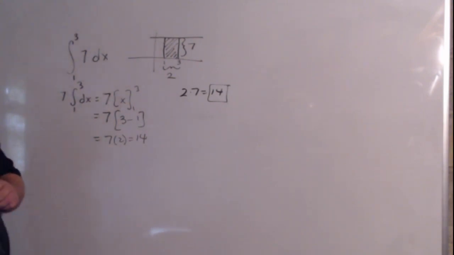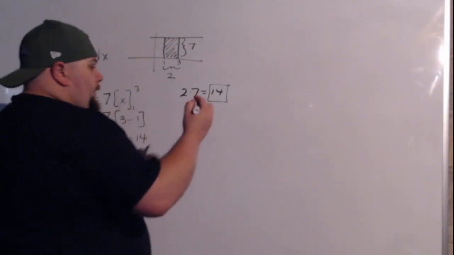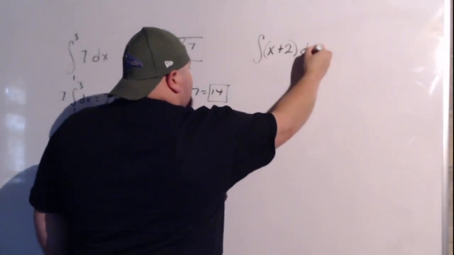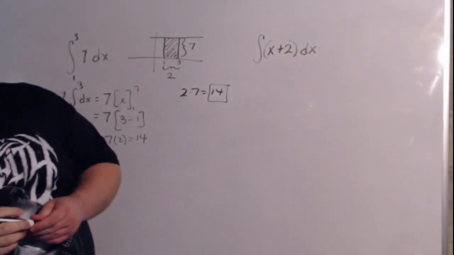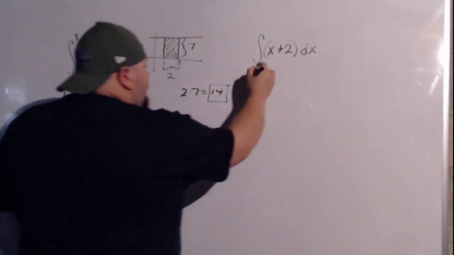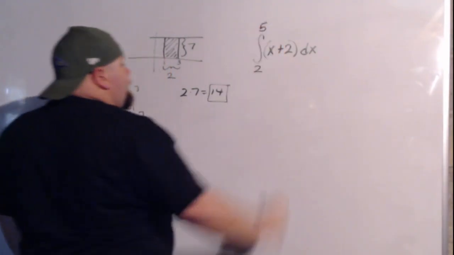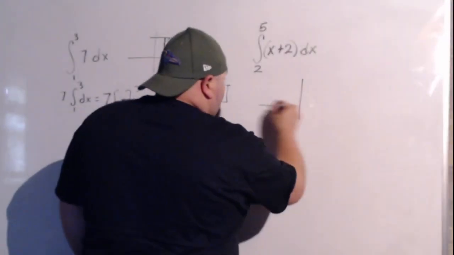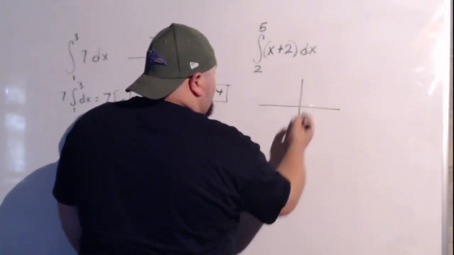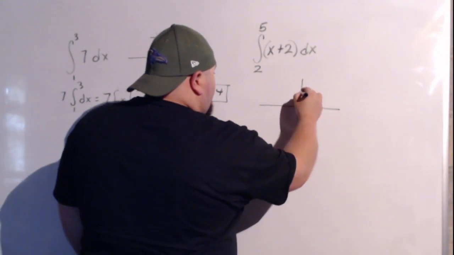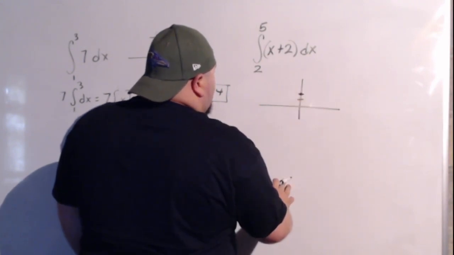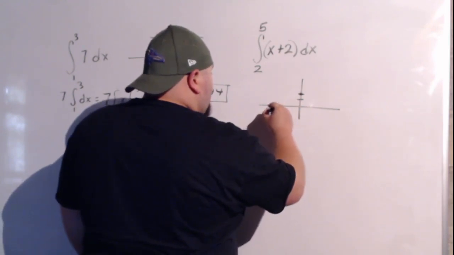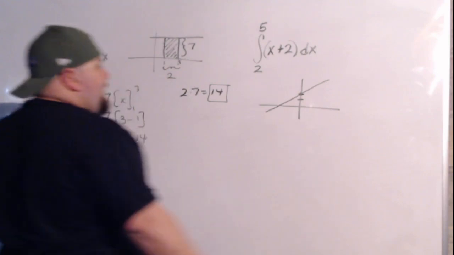Here's another one. Integral of x plus 2 dx, and this is from 2 to 5. So again, what does the line x plus 2 look like? Well, it passes through 2, and it has to have a positive slope of 1, right? So it looks like something like that.